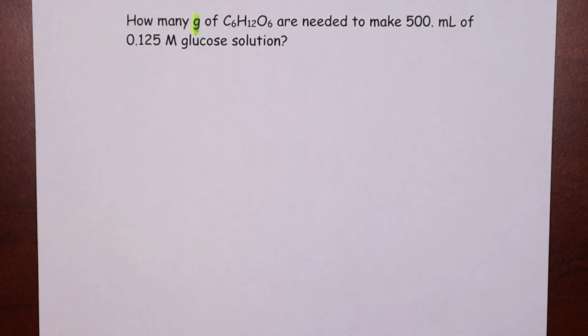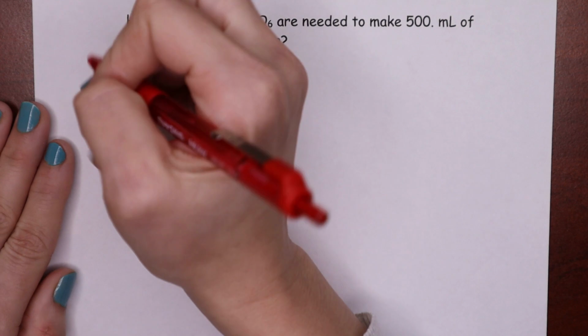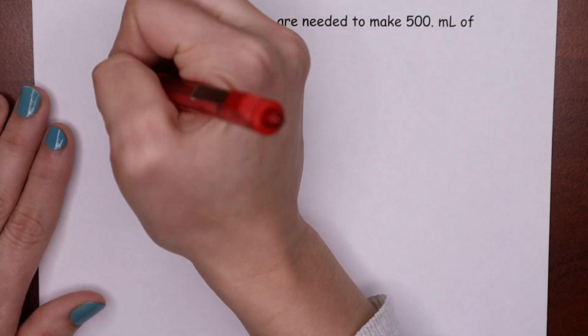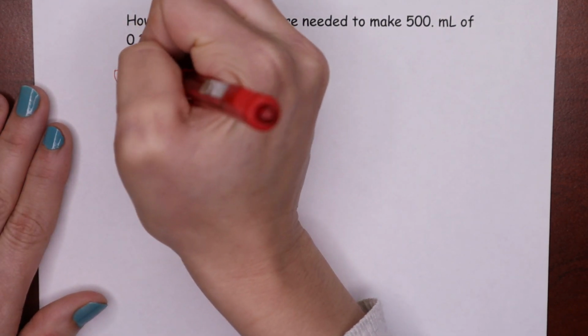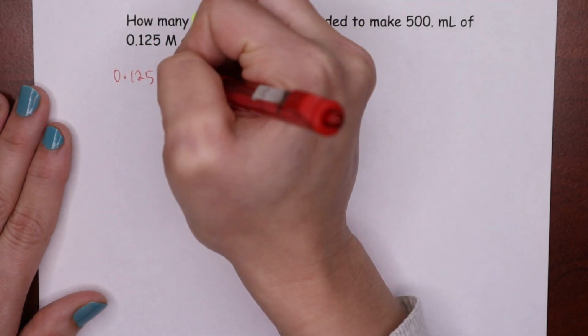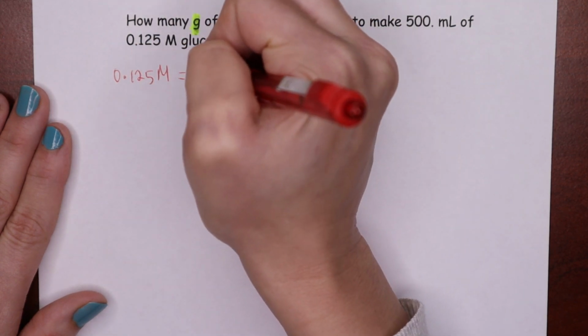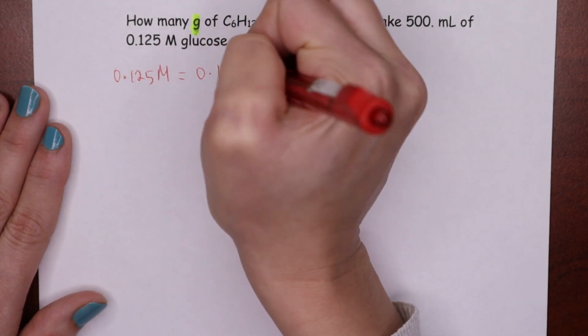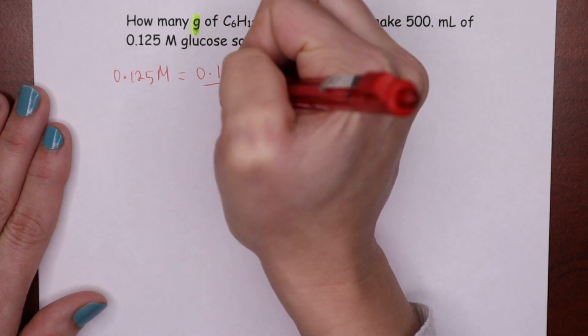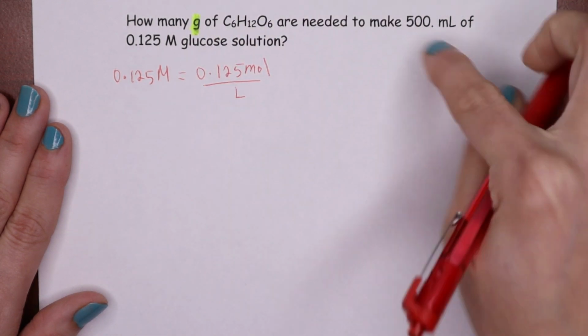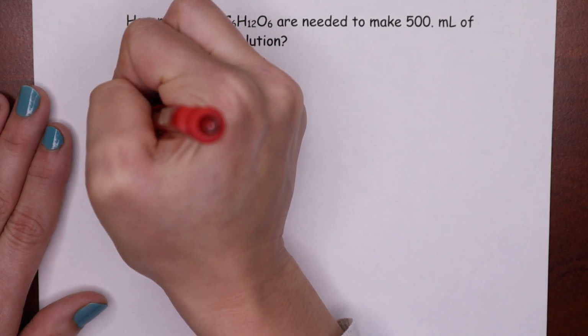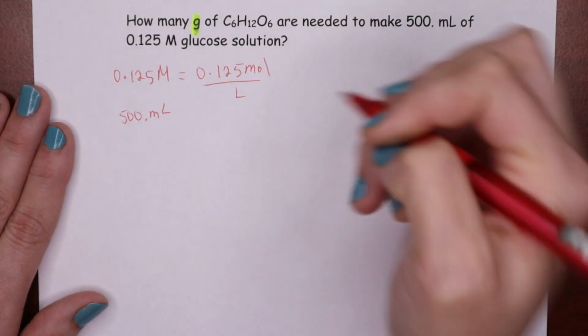And let's just write down all of our givens. So we have 0.125 molarity, which is the same as 0.125 moles over liter. And then we have 500 milliliters.